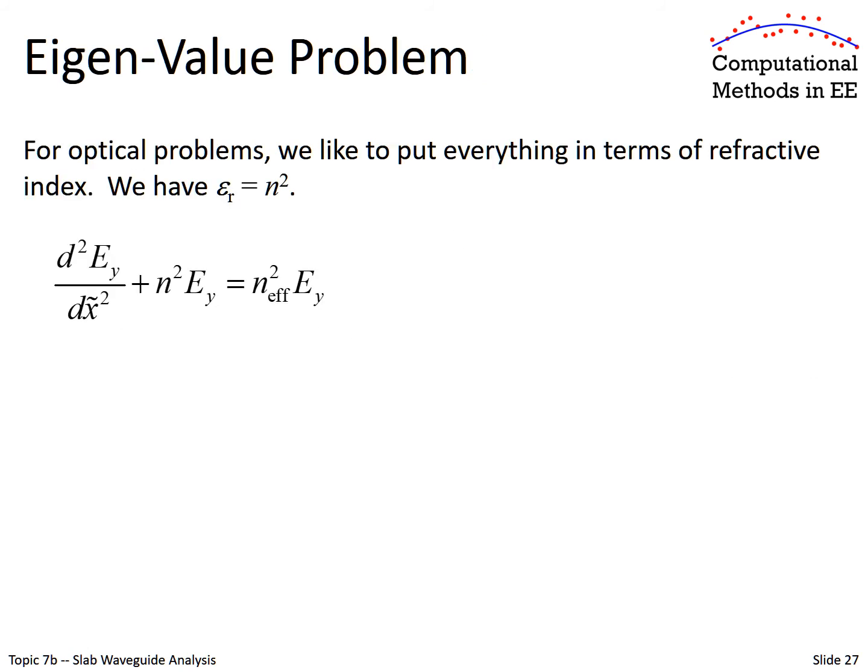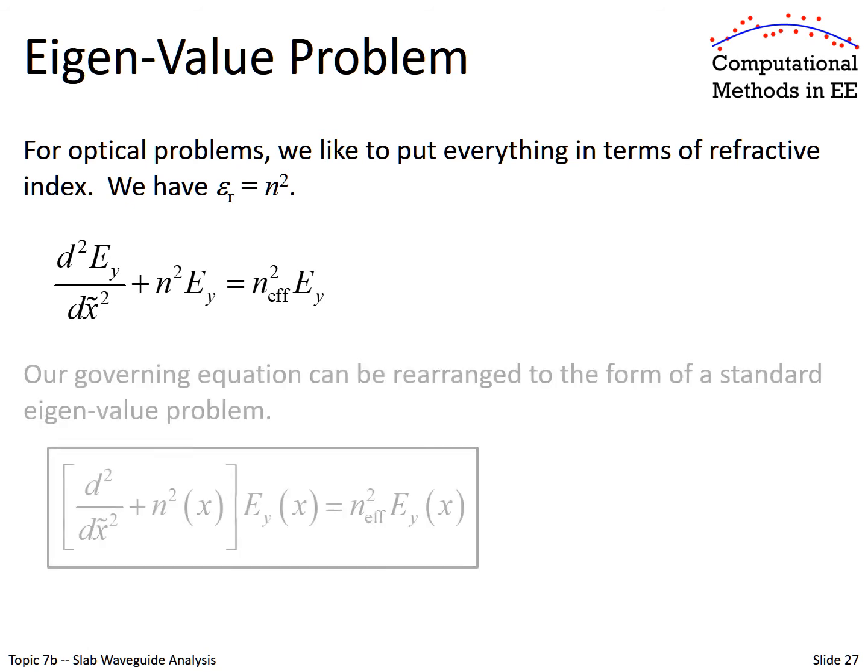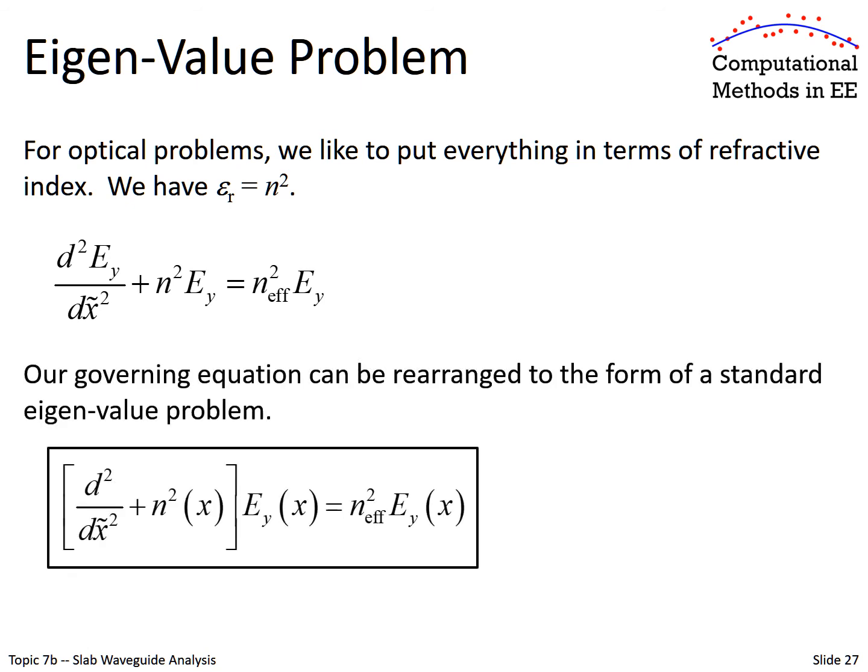So we'll rearrange the order of the terms, and we'll write our differential equation this way. Notice this is an eigenvalue problem, and we're asking a question: what on earth could happen in the slab waveguide? And the solutions to this give us the modes. So on the left-hand side, I'm going to factor out EY, and on the right, not really do anything.